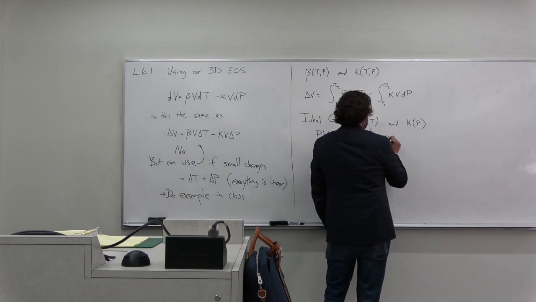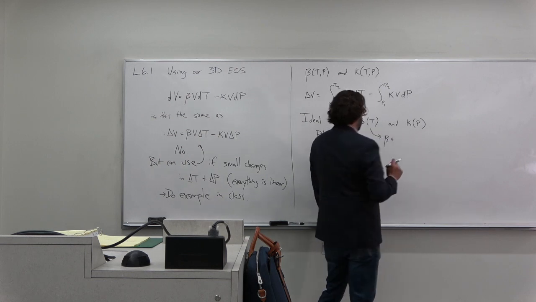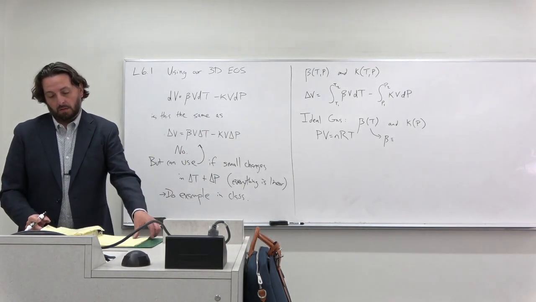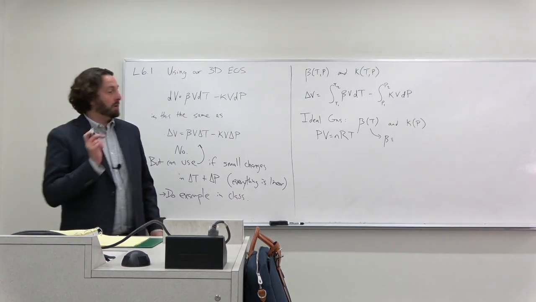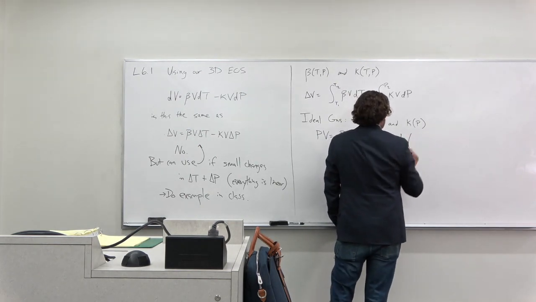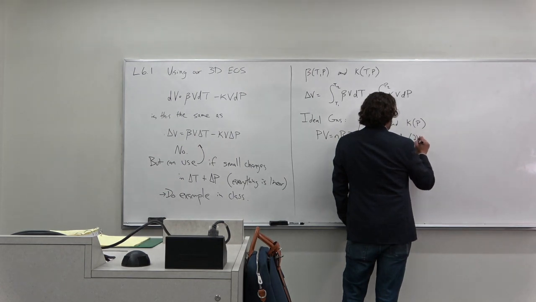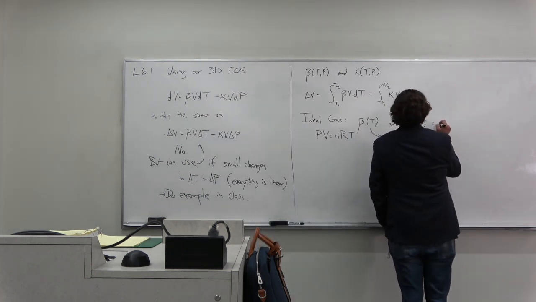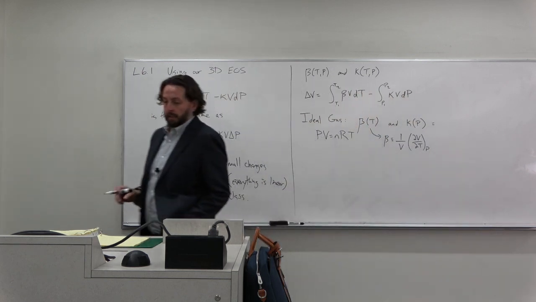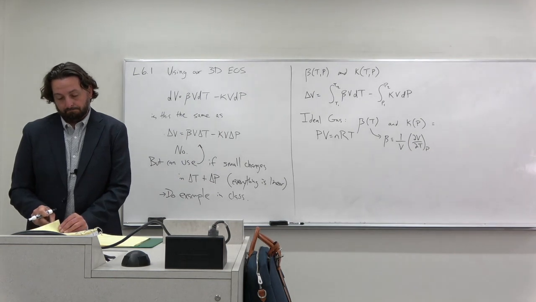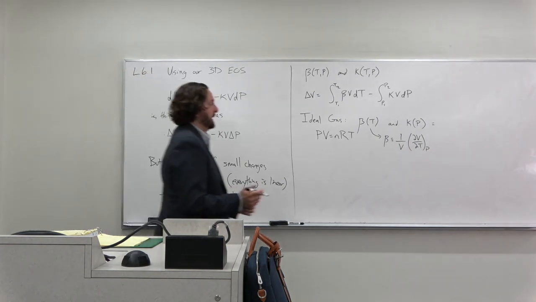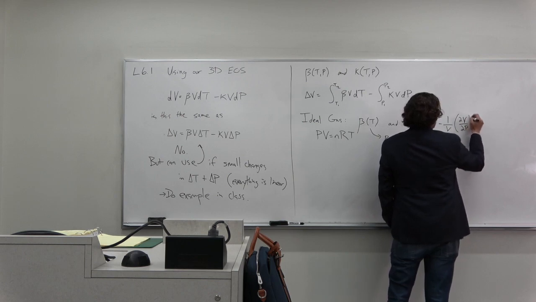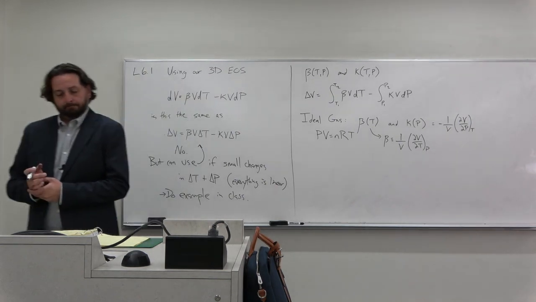Beta was defined as 1 over V, partial V partial T at constant P. And kappa was minus 1 over V, partial V partial P at constant T.